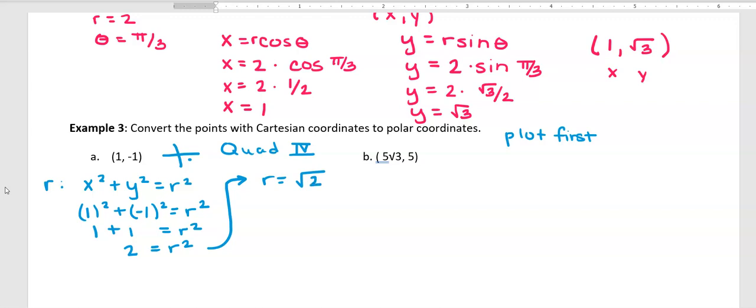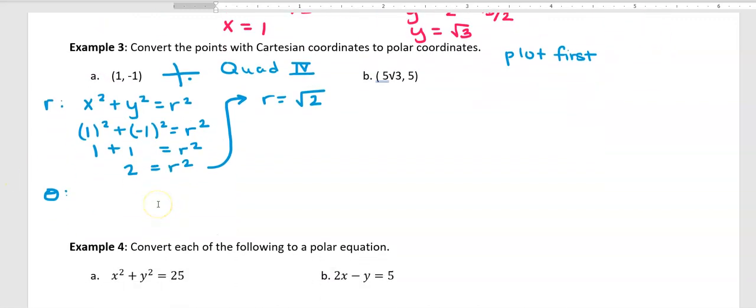Now, the theta is the next thing we need to solve for, the angle. And for that, we'll use the tangent. Okay? So I'm just going to write it as the tangent of alpha, giving it a different variable at the moment. And we're going to set it equal to, remember, it's y over x.